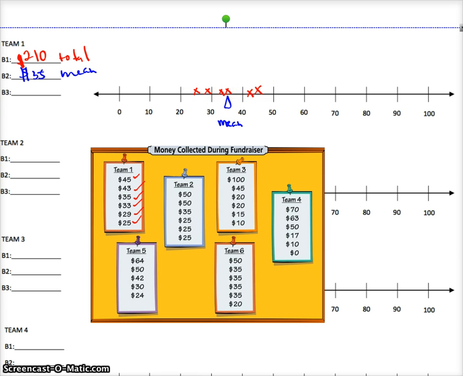So I'm going to do this math here. 35 minus 45. 35, my average, minus 43. 35 minus 35. 35 minus 29. And 35 minus 25. Now again, I'm only looking for the positive version of these numbers.